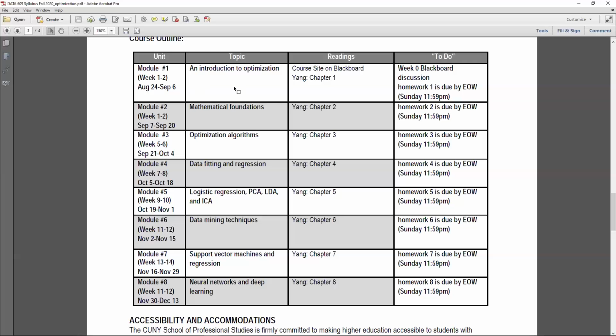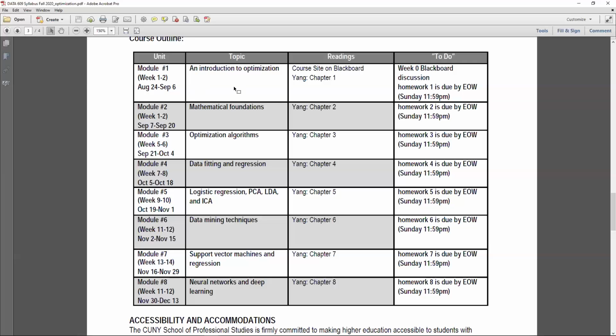And then starting from module 4 all the way to module 8, for those 5 modules, we'll focus more on data mining and machine learning algorithms and their relationship with optimization.